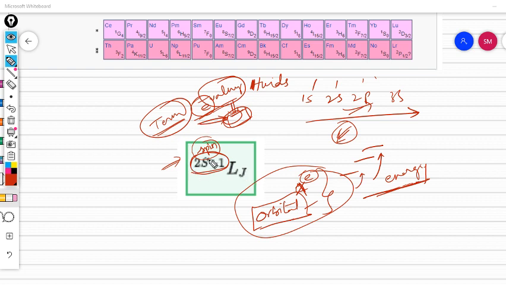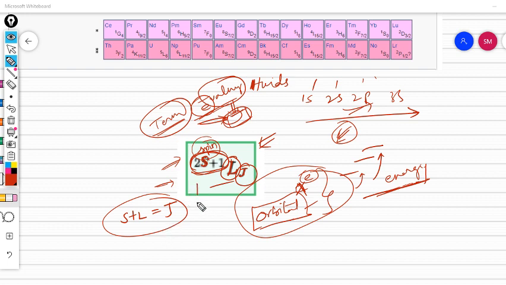S is the spin-only quantum number, L is the orbital quantum number, and J is the combination of spin and orbital quantum numbers. So a term symbol has the spin quantum number value, the orbital quantum number value and the total, and this is the symbol of the ground state term symbol.